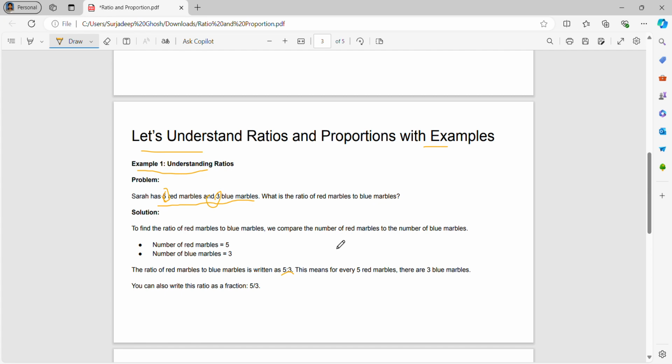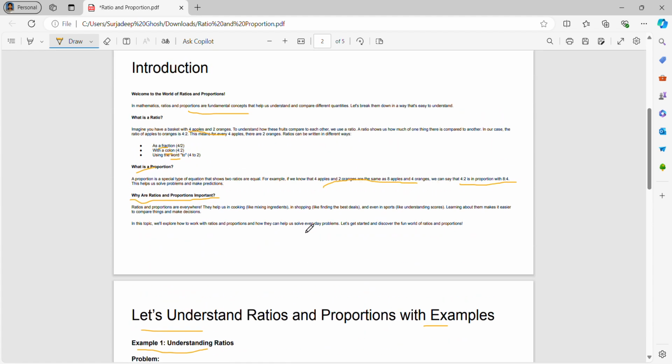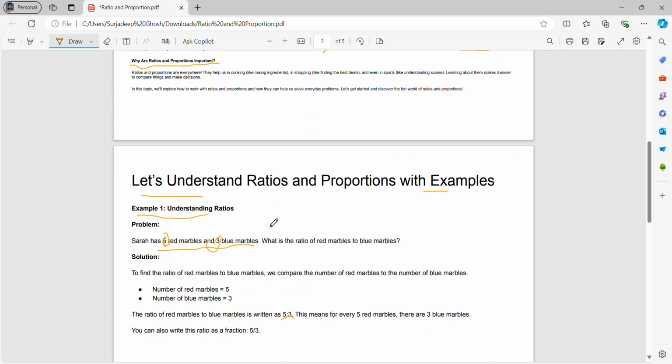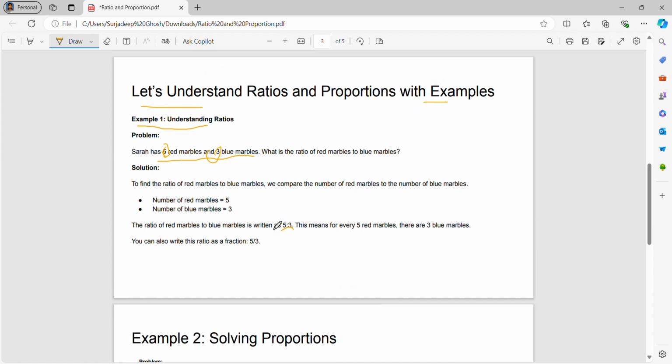So now you can understand ratio through an actual problem. I think you can understand ratio very properly now.